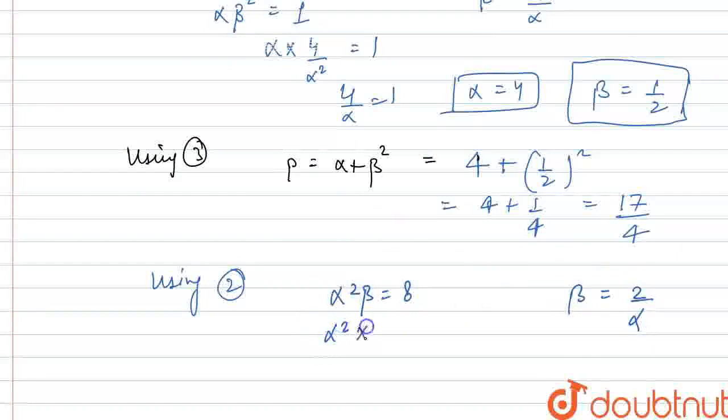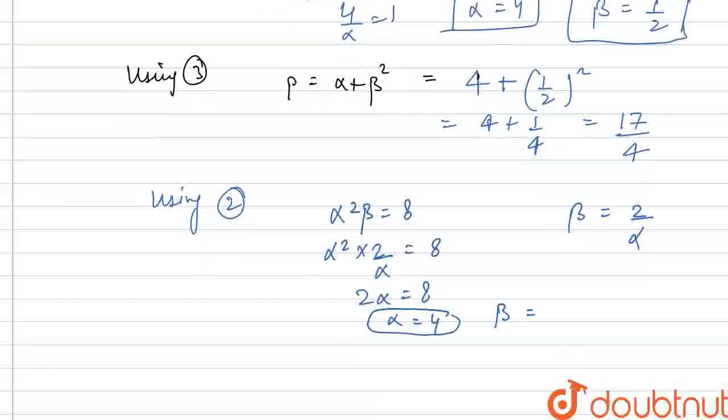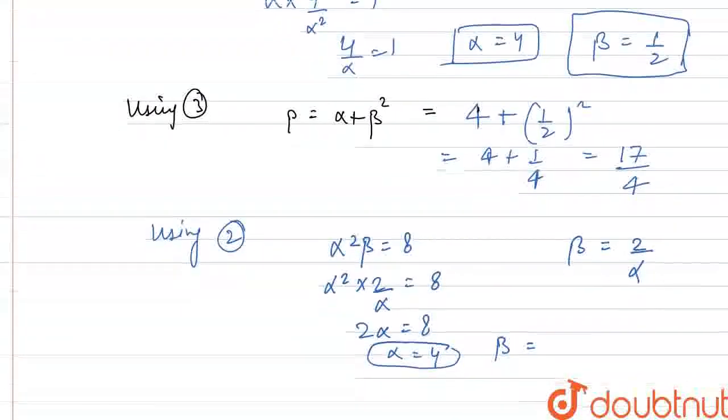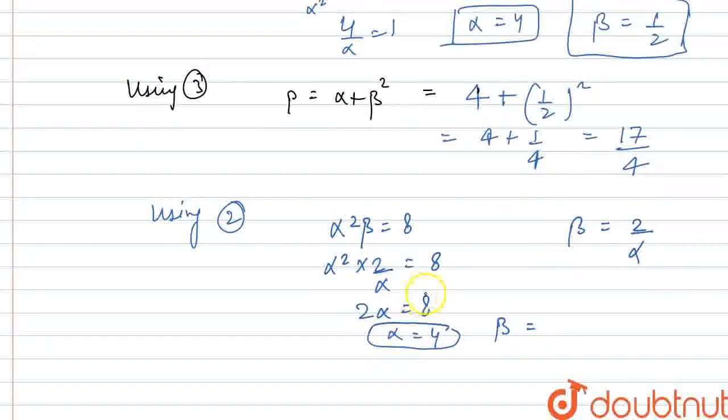So putting it here, we get 2 alpha equals 8. That means alpha equals 4, and we get beta equals 1 by 2.